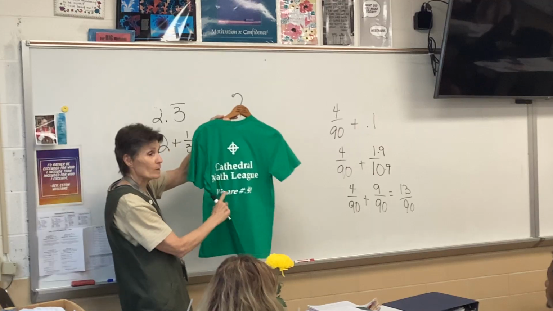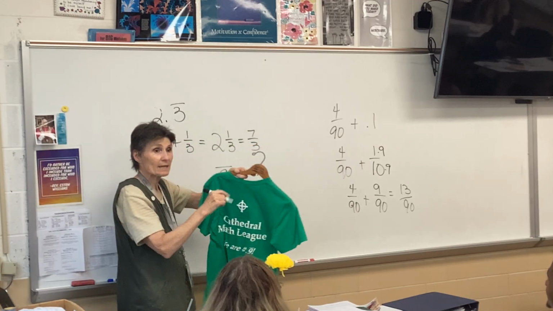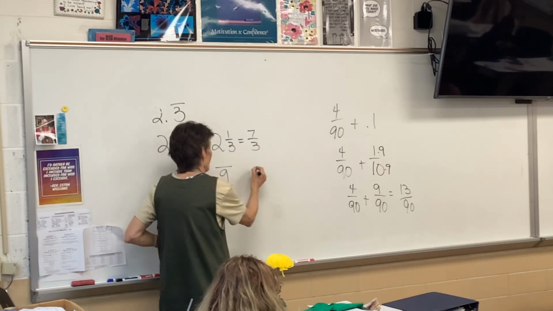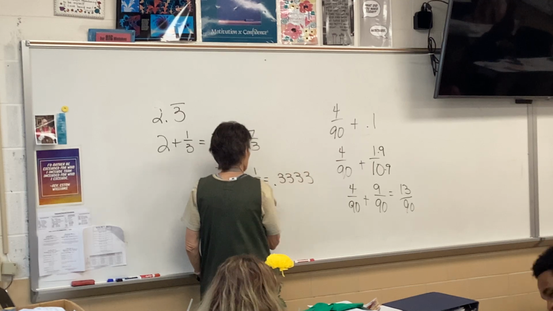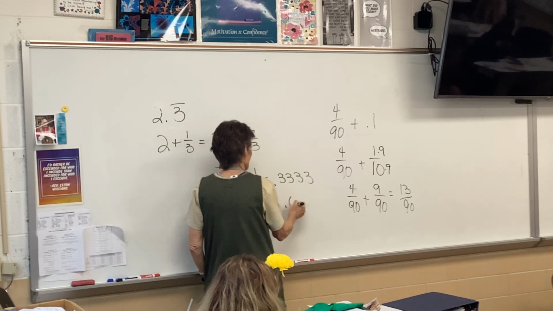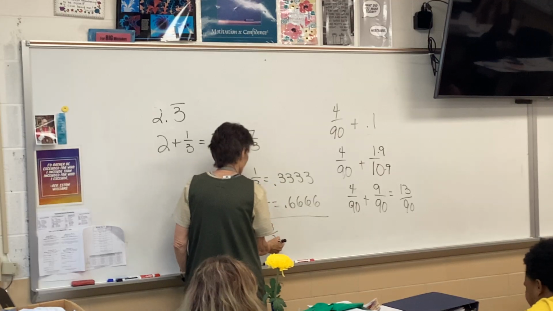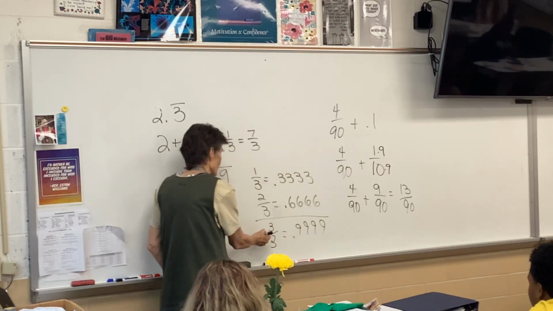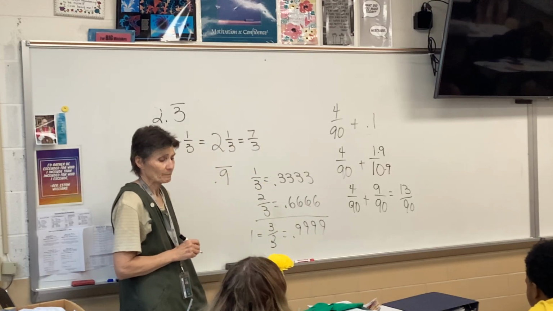So when we say we are number 0.9 bar, what we're saying is we are number 1. 1/3, 2/3 is repeating 6's, so 3/3 is repeating 9's. And 3/3 is the same as 1.